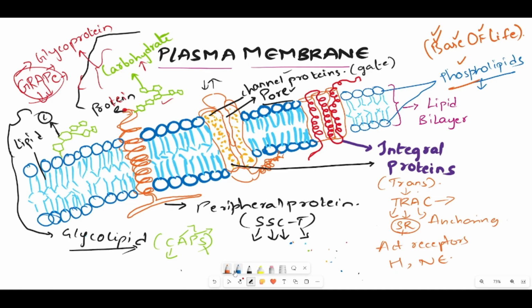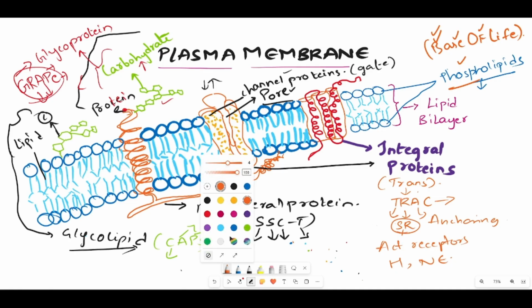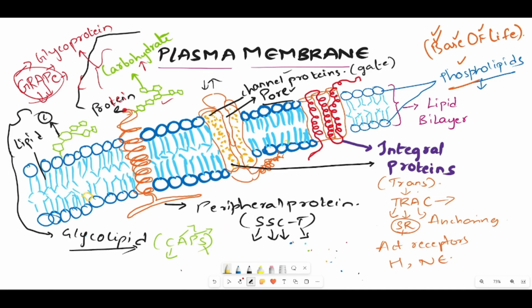And there is one last part that will be present in between these layers. These yellow colored structures we will be calling cholesterol molecules. So in the plasma membrane, we will also have cholesterol.